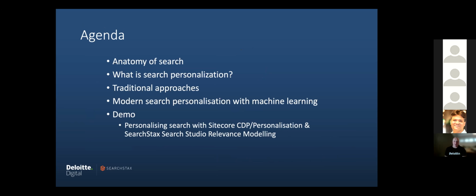Then we'll talk a little bit about modern search personalization and how machine learning fits in. And finally, we're going to do a demo. The demo plugs together some of the new functionality in Sitecore CDP personalization, i.e. the out-of-the-box tools inside Sitecore, and how we can plug that into the SearchStax product and the relevance modeling it does. Next slide, please.